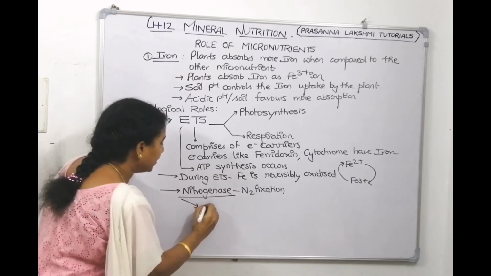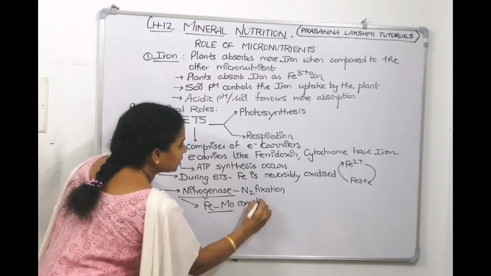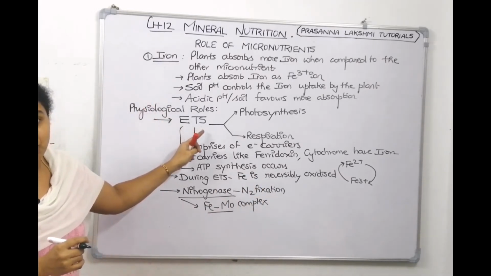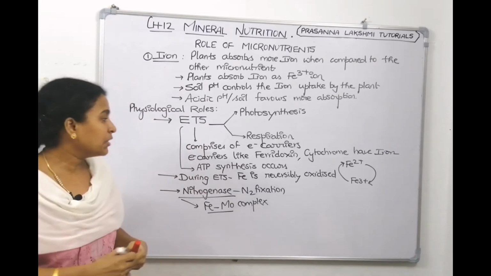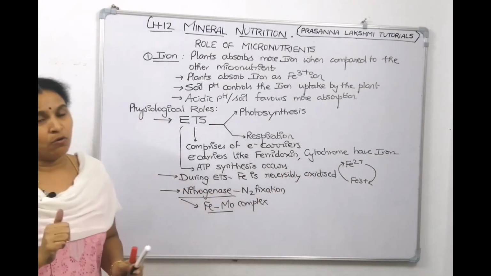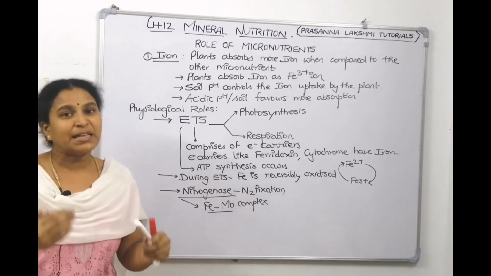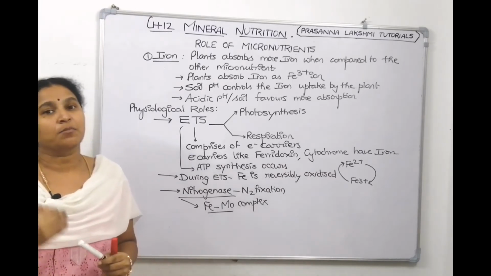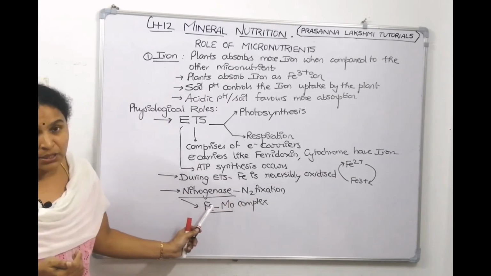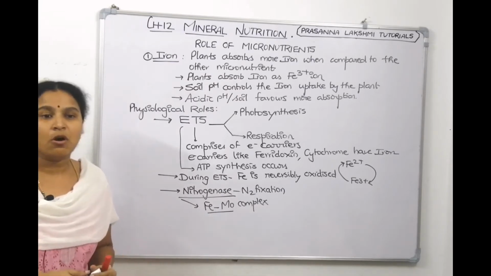So we are telling iron is involved in electron transport chain, meaning iron will help in the synthesis of electron carriers like ferredoxin and cytochrome, one role. And during that electron transport, they get oxidized to Fe2+ and Fe3+, ferrous and ferric forms. Then in nitrogen fixation, there is an enzyme called nitrogenase, which contains an iron and molybdenum complex.